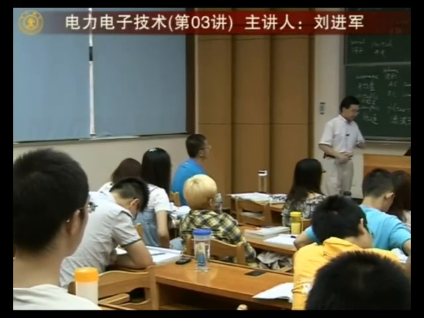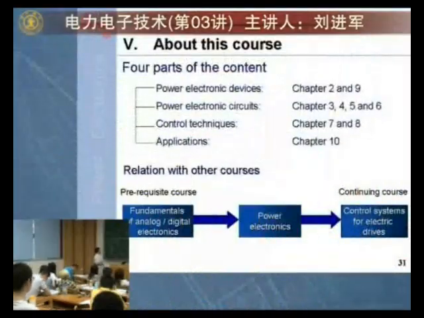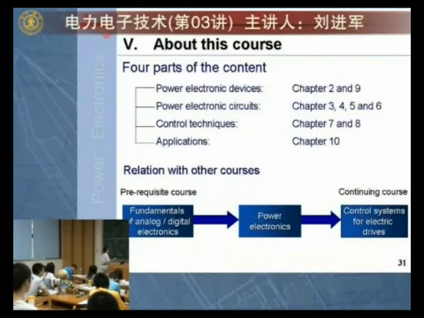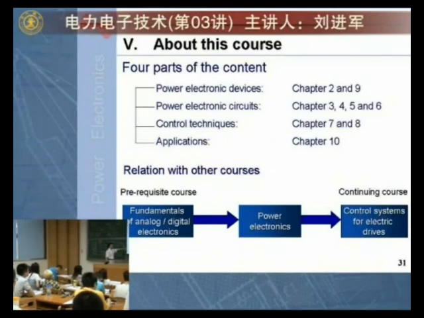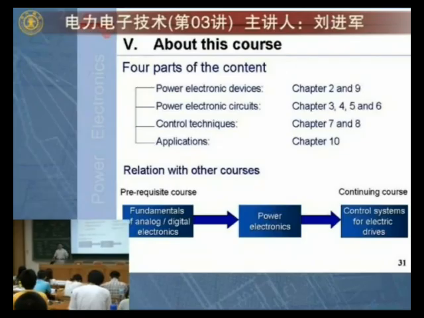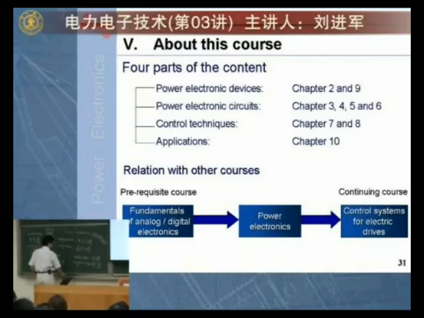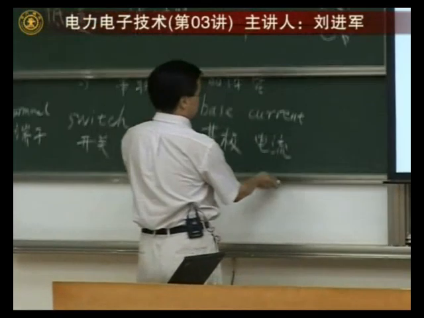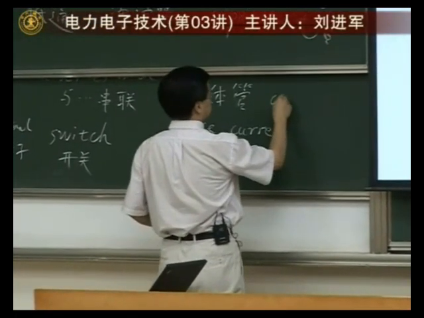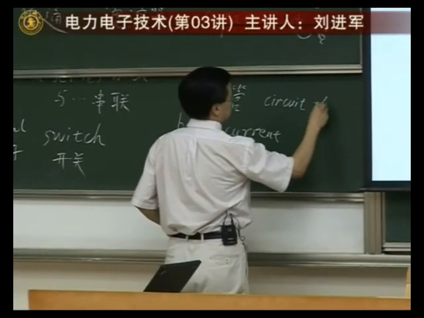This course, as I told you, should have prerequisite courses, especially analog or digital electronics, one of these. Of course, you have already learned circuit theory. You should have a basic understanding of circuit theory.